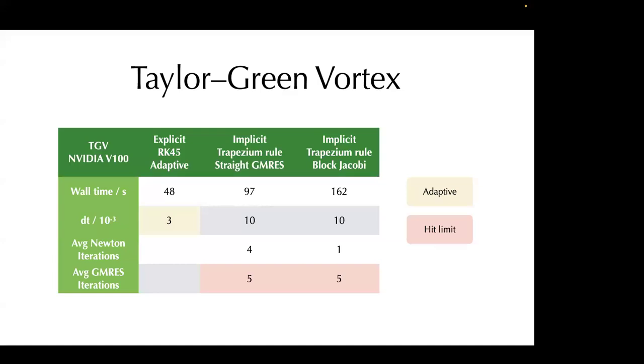However, implicit, as you might expect, does get you a bigger time step, and we can also see that by using a preconditioner for GMRES, we can drop down from 4 Newton iterations on average down to just 1 Newton iteration on average per implicit time step, with the number of GMRES iterations being limited in all cases to 5.